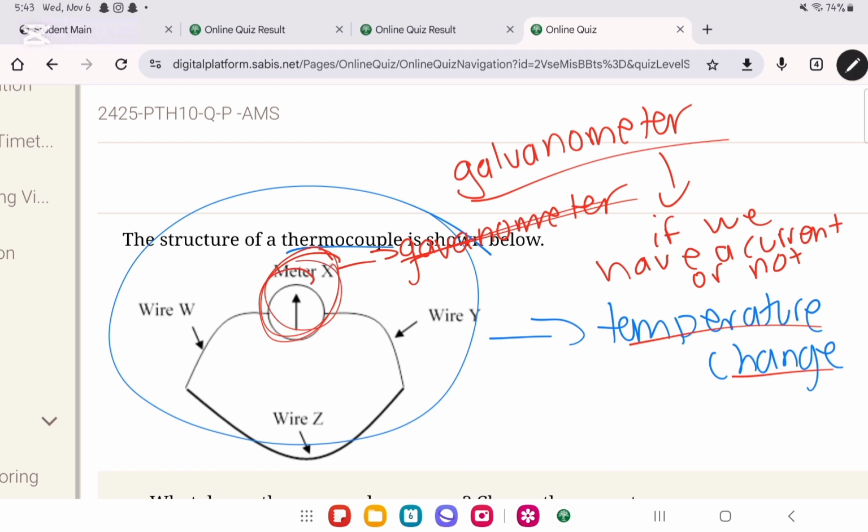It first detects a temperature change: I want 20 degrees, my room is 25 degrees, so it needs a 5 degrees Celsius temperature change. Then the meter X, the galvanometer, will start working because it will detect a current. And for this current to work, because of the temperature change, the AC will start to work because of the galvanometer, and then because of the thermocouple in total.